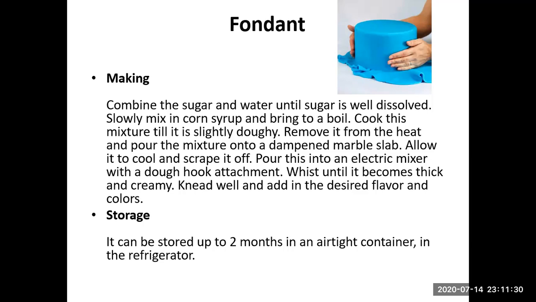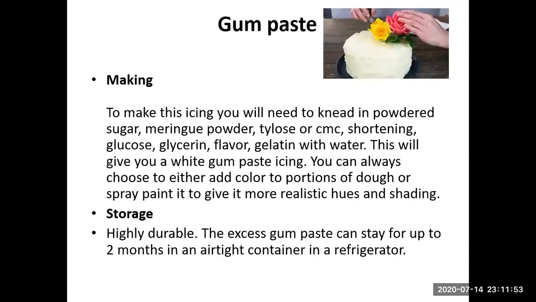Then you have to roll it, like a dough, a spreading material. Then you can use it like a sheet upon the cake. And it can be stored up to 2 months in an airtight container or in the refrigerator.